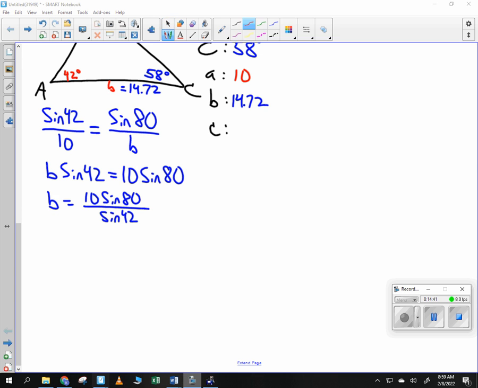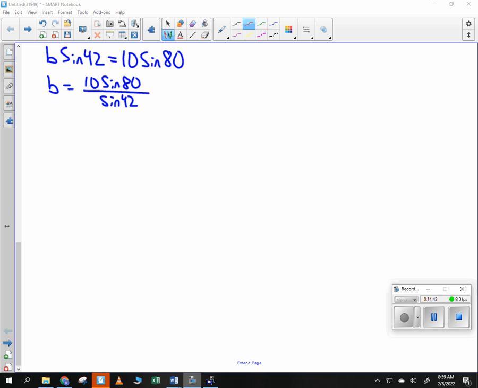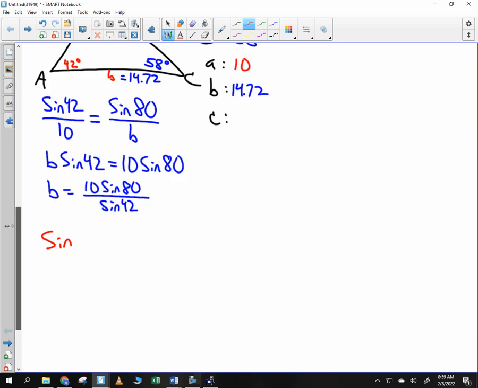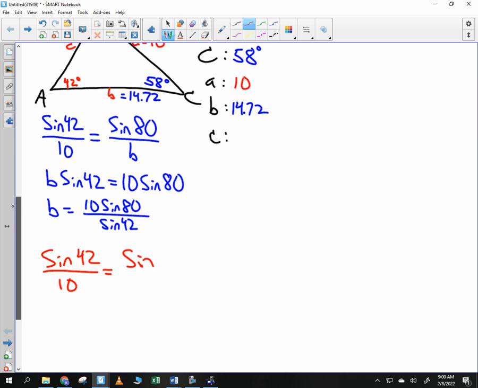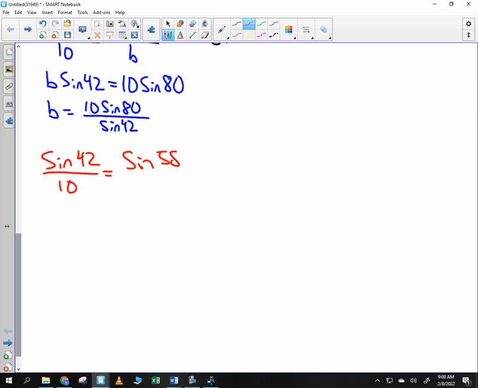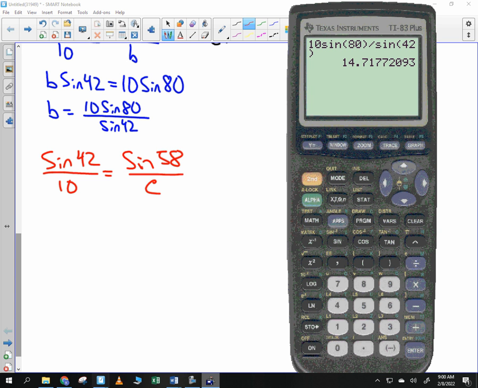Okay, sure. I'm going to do sine of 42 over 10 is equal to sine of 58 over C. So if you don't have a calculator that stores all that stuff, what you can do is you can also just turn them into decimals.